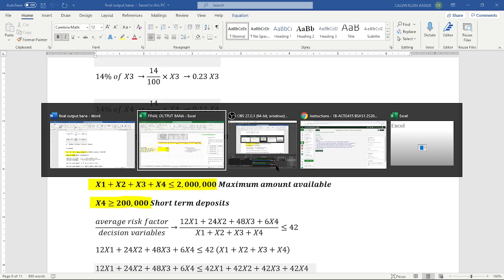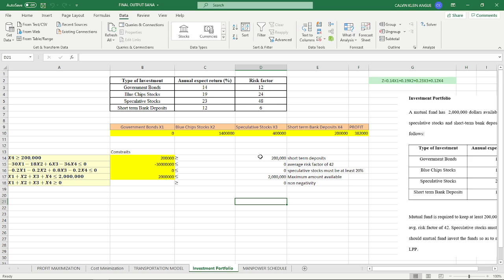So how do we solve it in Excel Solver? First, you need to put your formula here. This is our objective function. The x1 will be government bonds, x2 will be blue chips, x3 speculative stock, and x4 short-term deposit banks. You just need to transpose it. So x1 will be equal to B10.